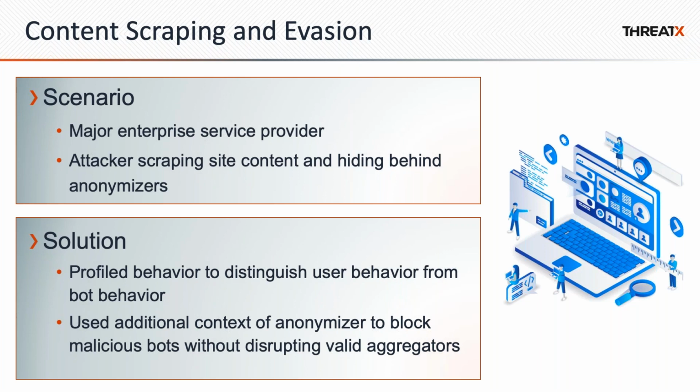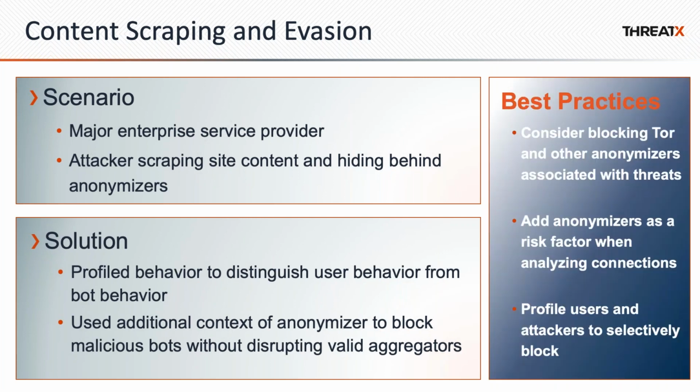Okay. So best practices to avoid something like this is blocking Tor exit nodes and other anonymizing type proxies. Also, use those anonymizing proxies as a threat component. There are some legitimate reasons for traffic to be using Tor or anonymizing proxies.